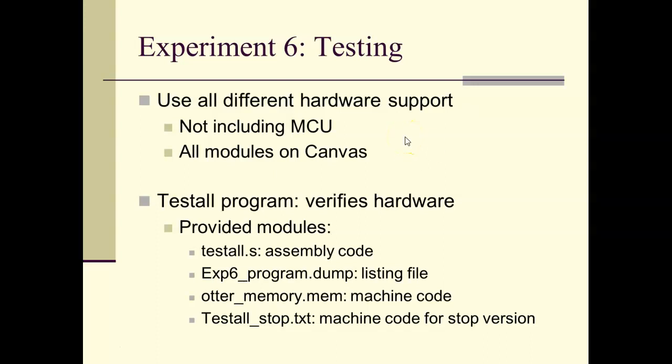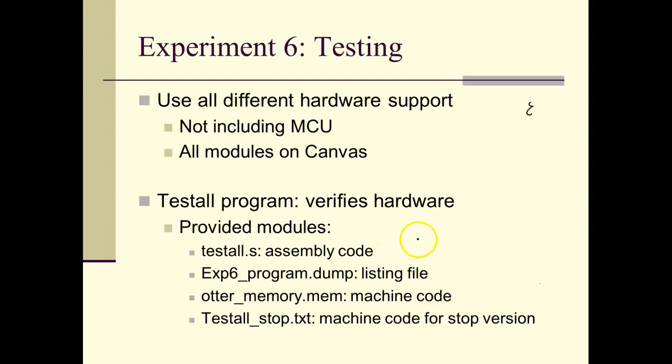So you have to toss out everything you had before except your microcontroller and use all the provided modules. All the modules are on Canvas, of course, and once you toss all those modules together, there's a program, essentially the machine code. You don't have to worry too much about the assembly code for that, but there's a machine code, and what you're going to do is put that in your auto_memory.mem file, and fire it off, see if it works.